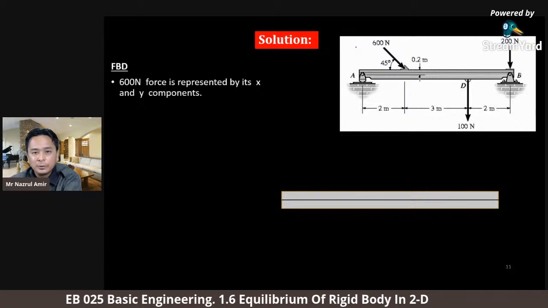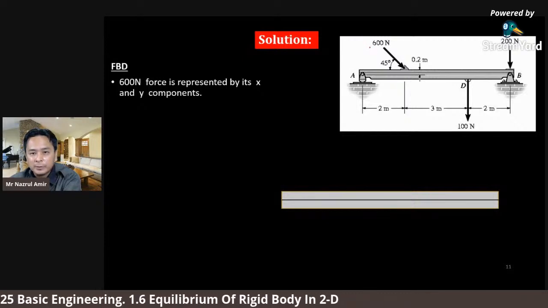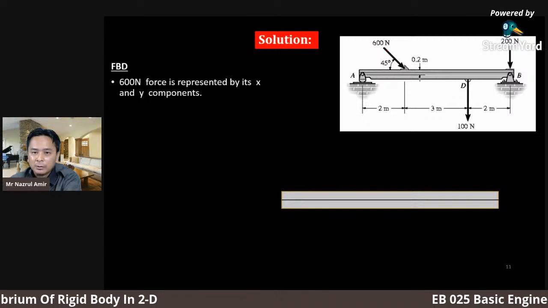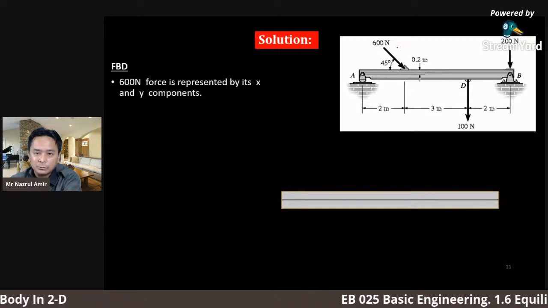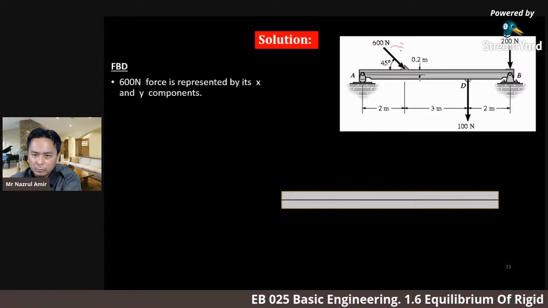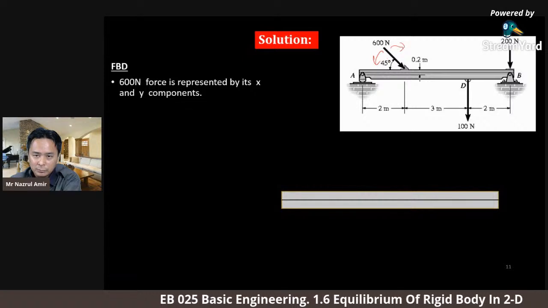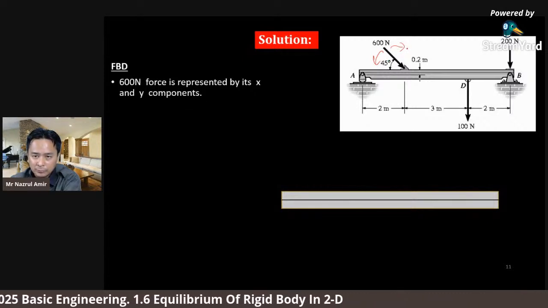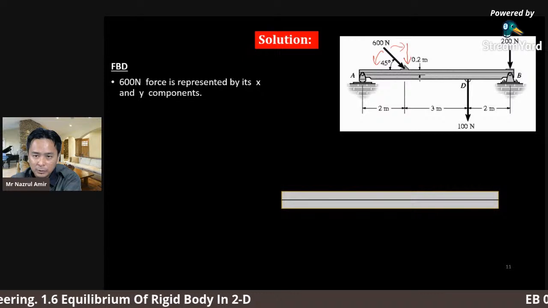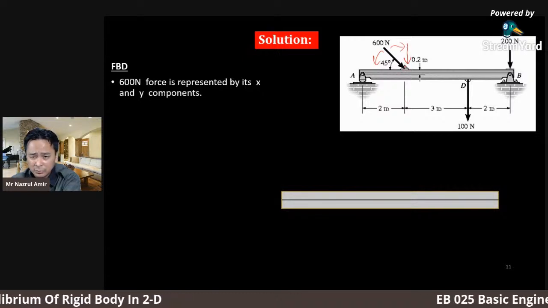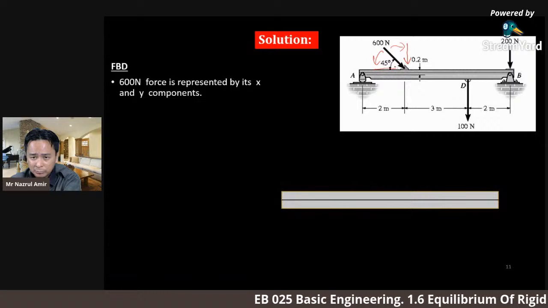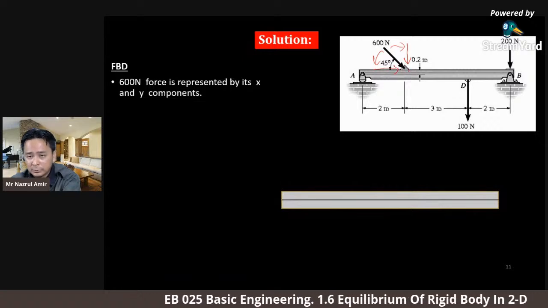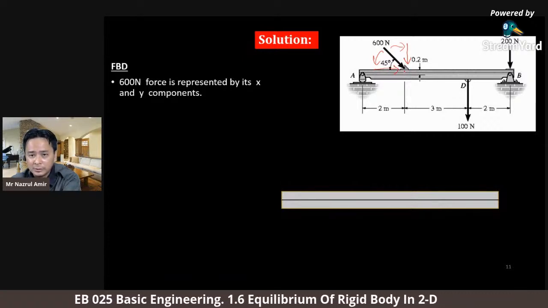It can be represented by its components. So now we have to resolve the 600 Newton into its components. It has a Y component directed downward, and an X component directed to the right on the x-axis.